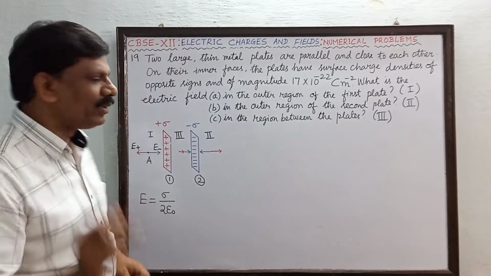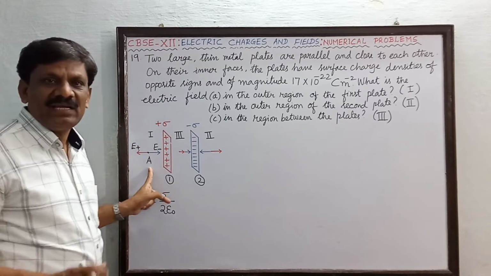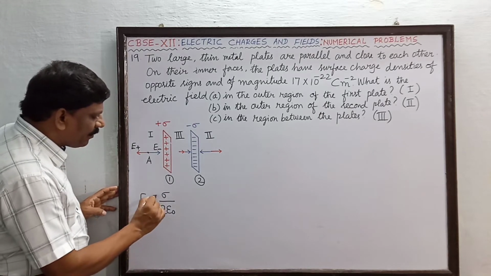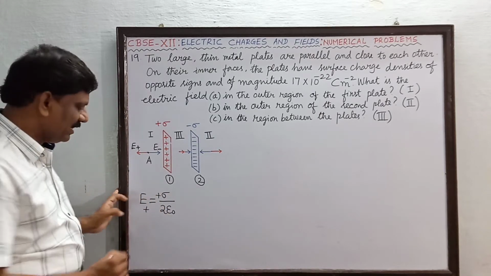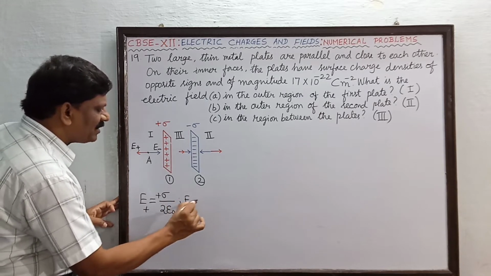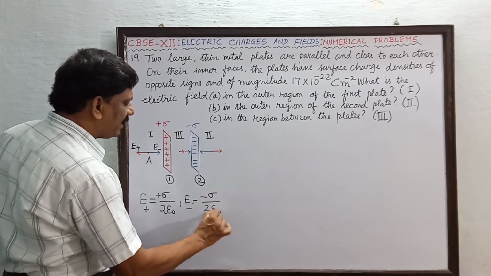At a closer point or a far off point also, the electric field will be the same. Therefore, the magnitude of E plus and E minus at this point A must be the same. E plus means plus sigma by 2 epsilon naught, and E minus must be equal to minus sigma divided by 2 epsilon naught.